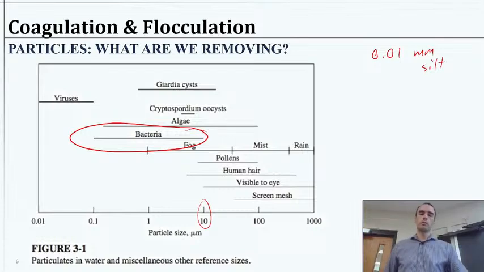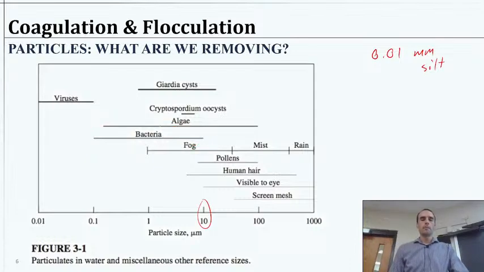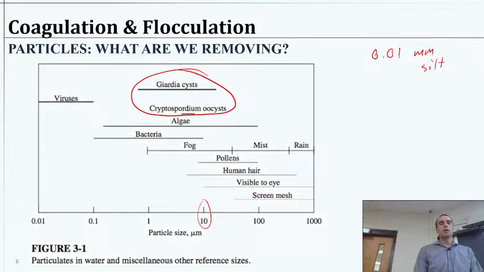We then have bacteria that are typically 10 to 100 times smaller than that, or up to that size and possibly down to less than a micrometer. We've got algae cells, which maybe act like a particle. Some of them are larger and you can maybe see them, but most of them are going to be small. We have Cryptosporidium and Giardia cysts. These are what we might call parasites.